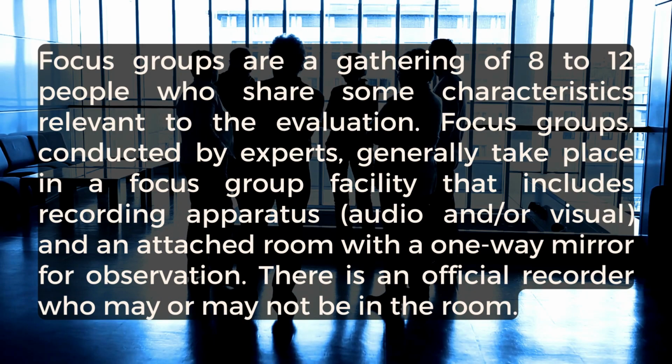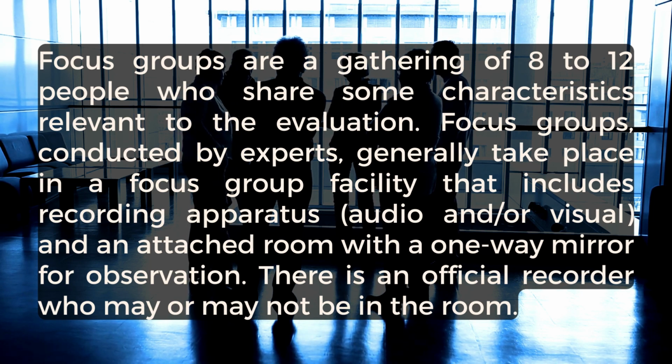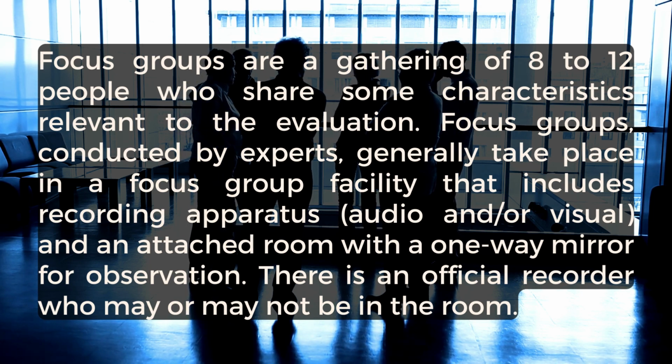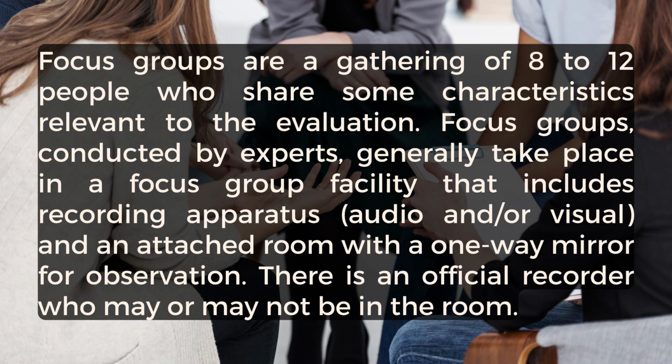Focus groups conducted by experts generally take place in a focus group facility that includes a recording apparatus, which could be either an audio or a visual recording apparatus, and an attached room with a one-way mirror for observation. There is an official recorder who may or may not be in the room.